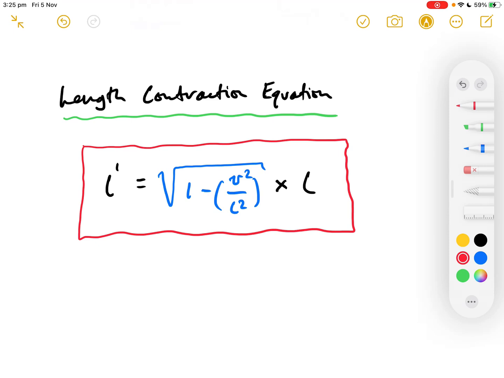Okay, so let's have a look and see if we can do a simple example on that, where we'll look at a calculation.